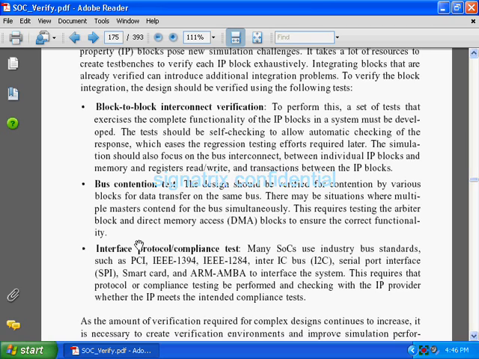Suppose one processor and one DMA are both masters, and both want to take the bus from the arbiter. In that case we have to see whether the arbiter is granting the signal to the appropriate master at the appropriate time or not, and whether your DMA is achieving the functionality or not, because DMA is also a master.